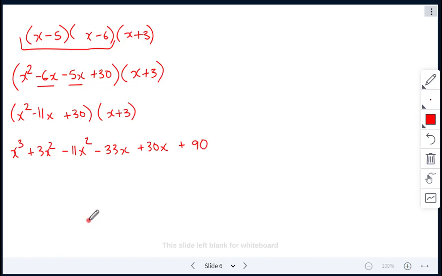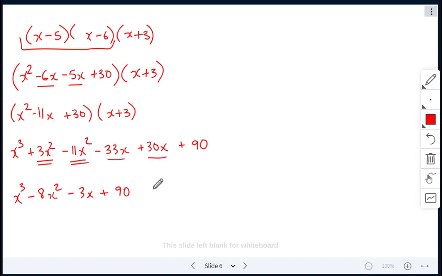All right, and then you would collect your like terms. So we'd collect this one, and we'd collect this one and this one together. So we end up with x cubed, and then we have 3 minus 11, which is negative 8x squared, then negative 33 plus 30, which is negative 3x, and then plus 90.